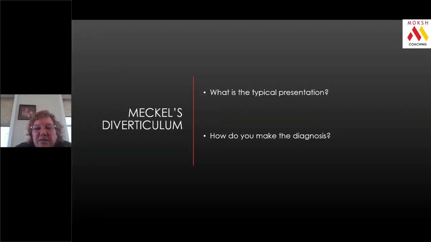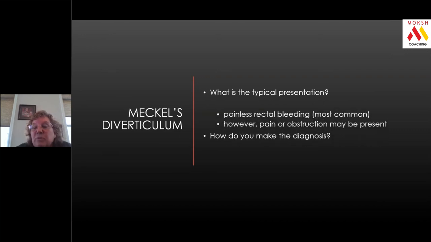Now, what is the typical presentation for Meckel's? This is really, really different than adults, but I want you to remember it. Painless rectal bleeding. So usually they'll give you a 1-year-old, a 10-month-old, an 18-month-old. The child's going to be under 2 years of age, and the child comes in with a diaper full of blood.